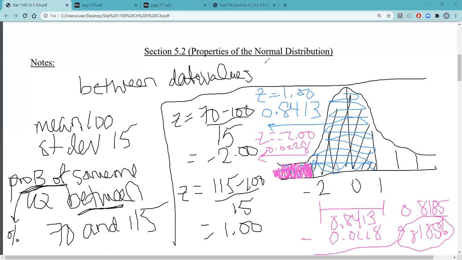So we can interpret that by saying 81.85% of the data is between IQ scores of 70 and 115, or we can also say the probability of having an IQ between 70 and 115 is 0.8185. Let me go ahead and clear this and we'll do another example here.